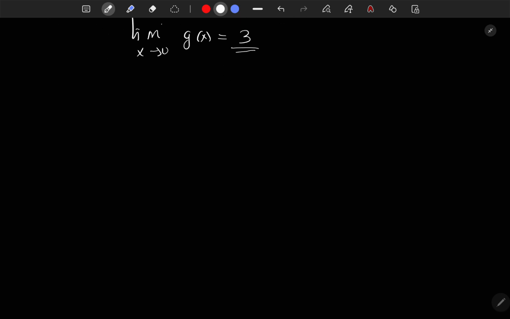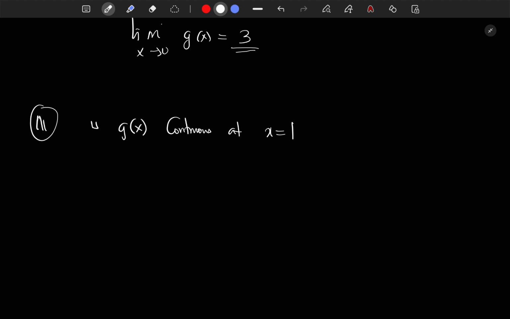The last part, but not the least, is asking us to state with justification whether g of x is continuous at x equal to 1. Let's find out. Is it continuous at x equal to 1?